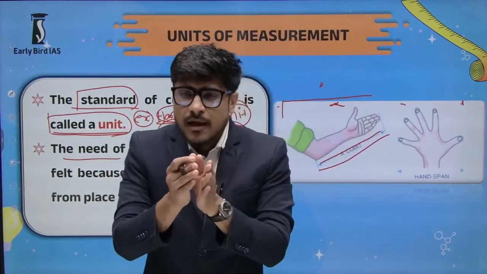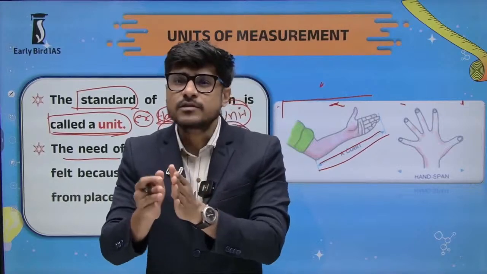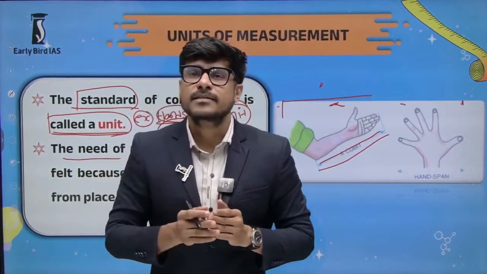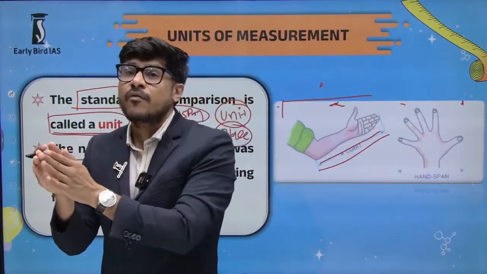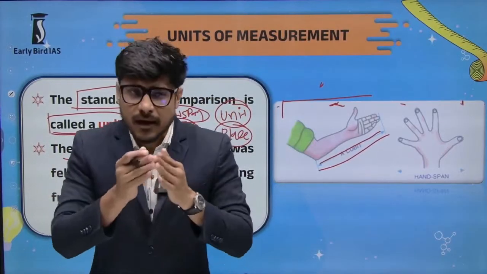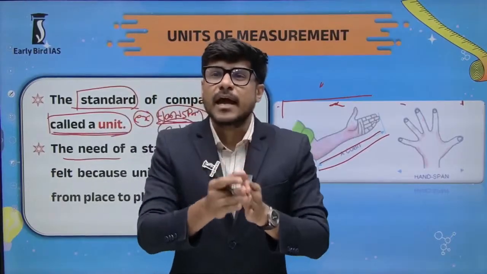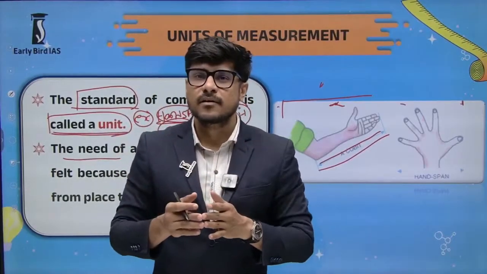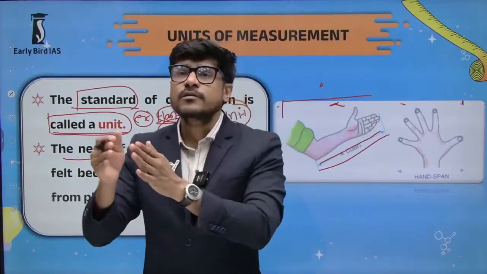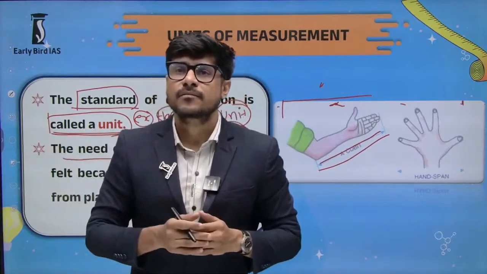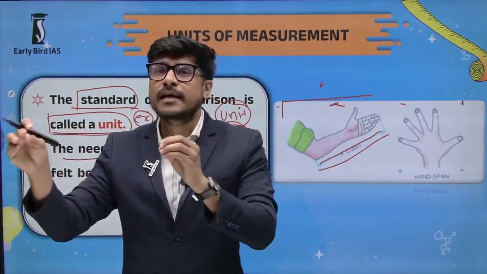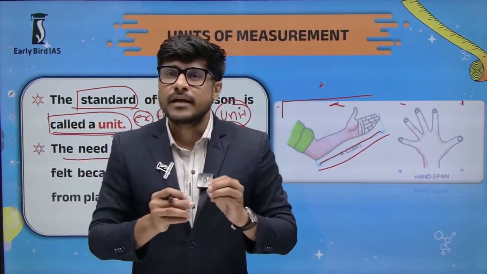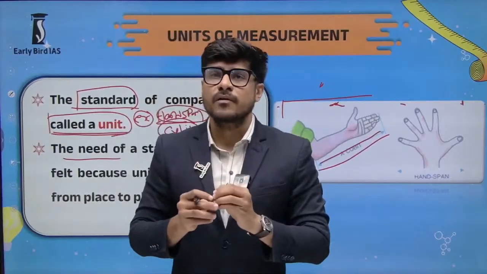So to reduce this kind of discrepancy, to enhance the clarity of a calculation, and ultimately to carry forward the business, to carry on the conversation between two different areas, we need a standard unit.